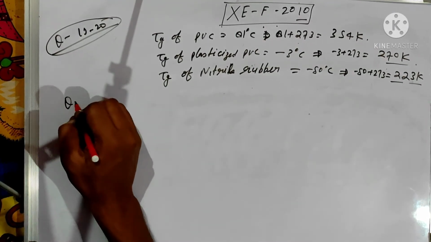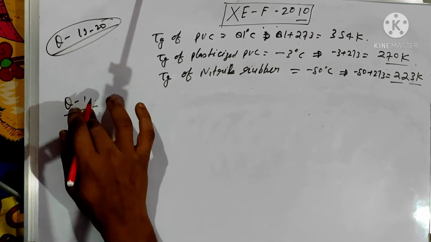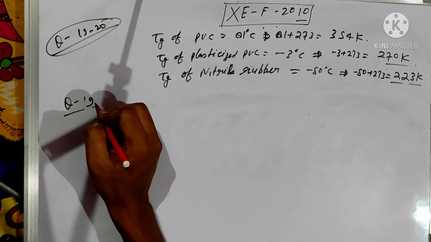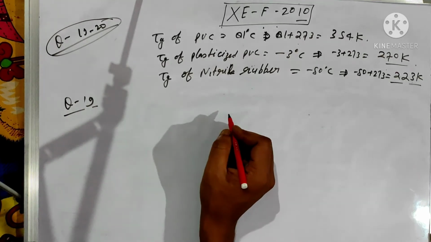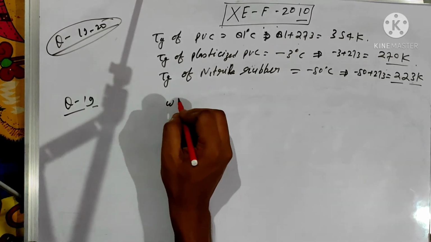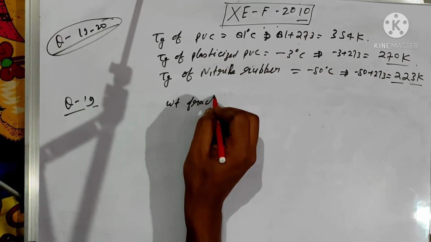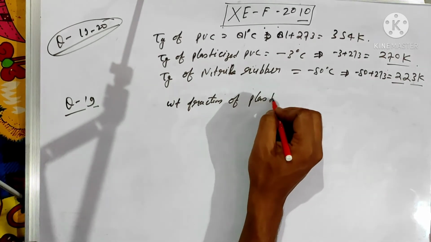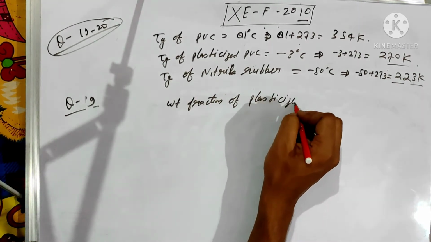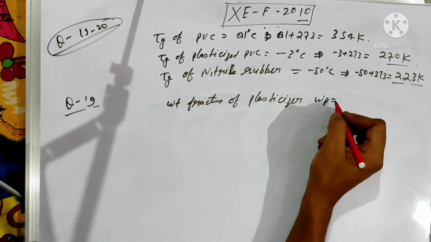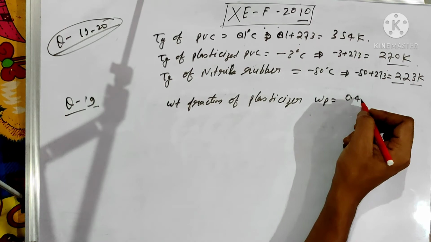Now in question number 19, given that a plastic raincoat is made by adding 40% of polymeric plasticizer to the PVC. Then the weight fraction of the plasticizer, Wp, is equal to 0.4.